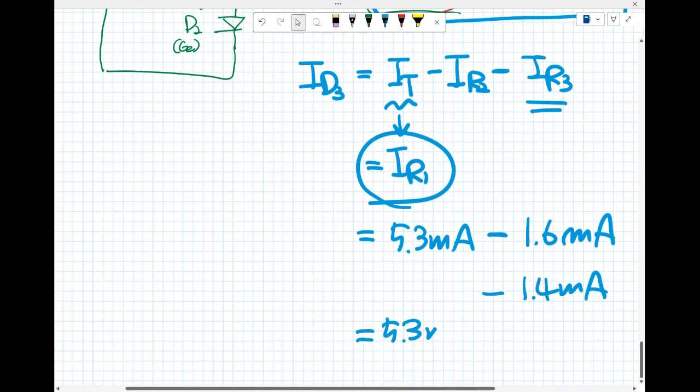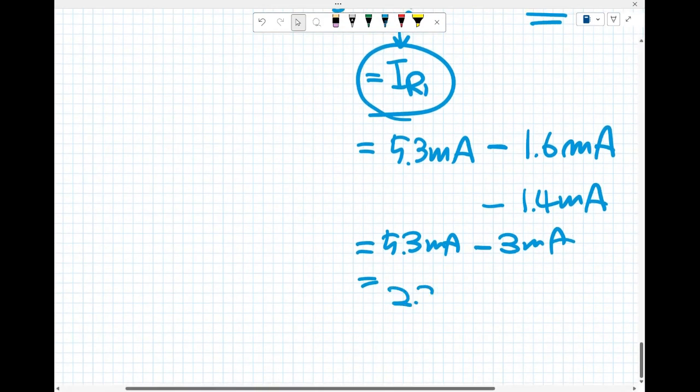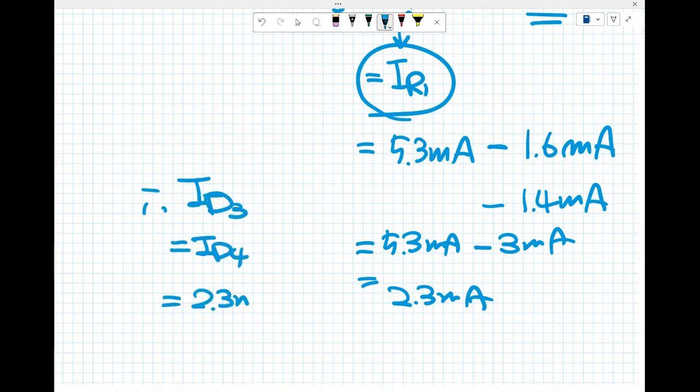So 5.3 minus 3 is 2.3 milliamp. So finally, I sub D sub 3 is 2.3 milliamp.